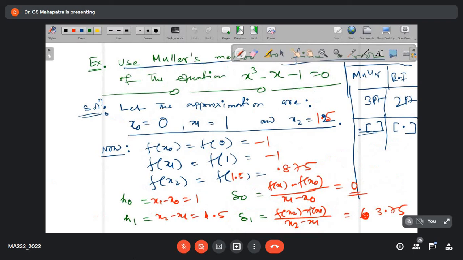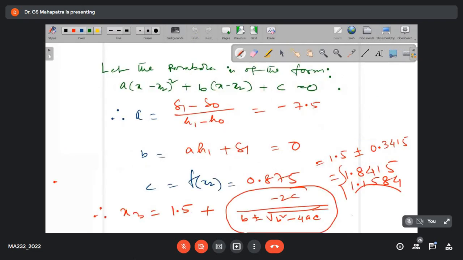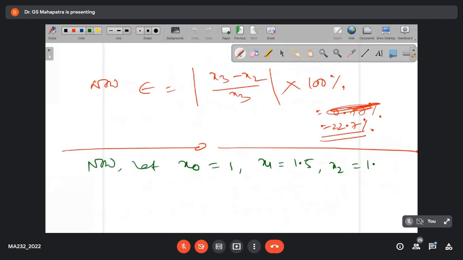Now the previous one: x1 is 1.5 and x2 is 1.1584.